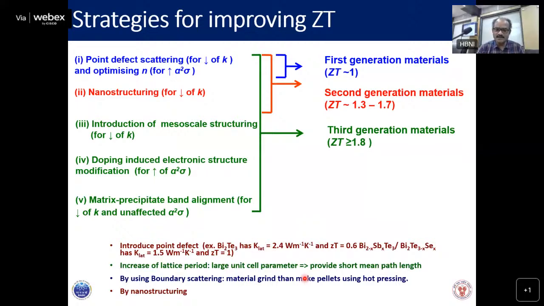By using boundary scattering, you grind the material to a very fine powder, and then press it and make pellets using hot pressing. Those pellets are made at high temperature so that they can have high density, or in the same way by nanostructuring also.